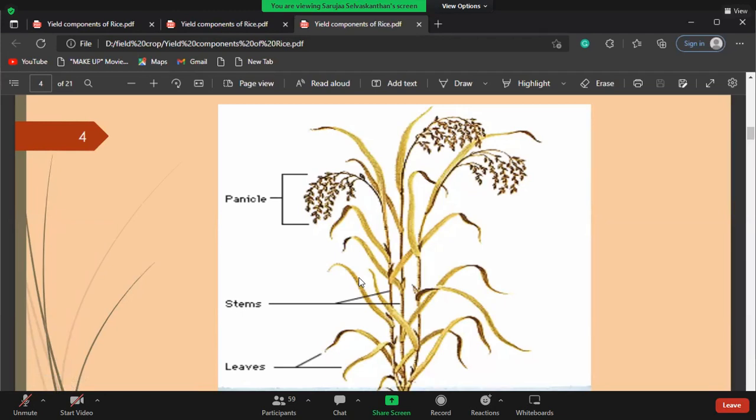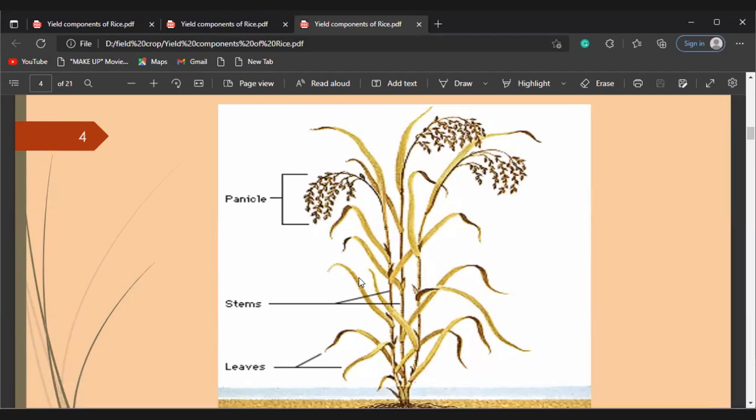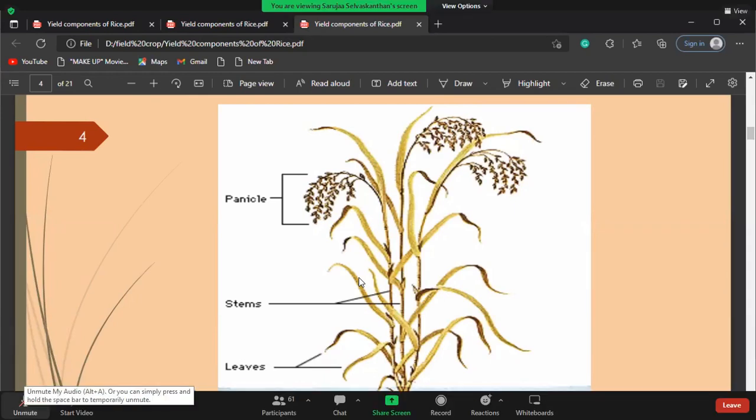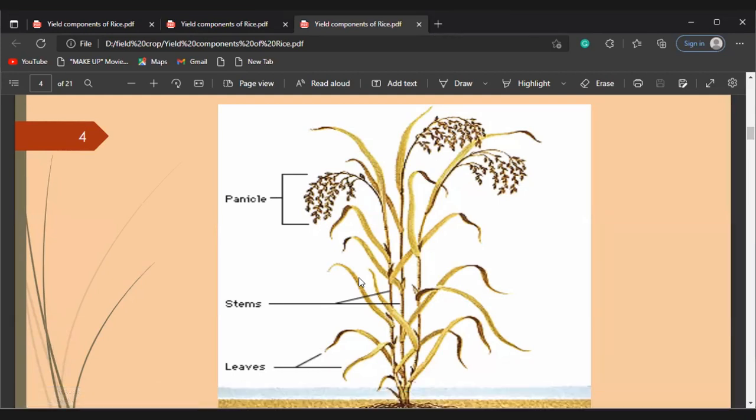Yes. Then how can you increase the panicles? What structure forms the panicle? By increasing the number of tillers.